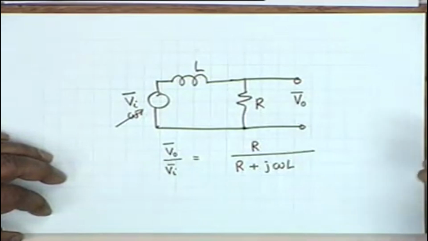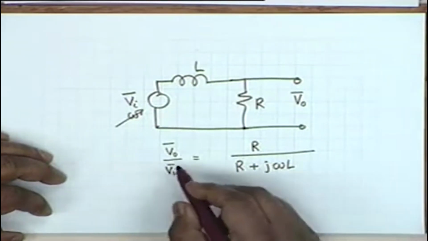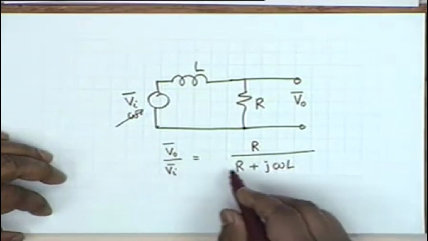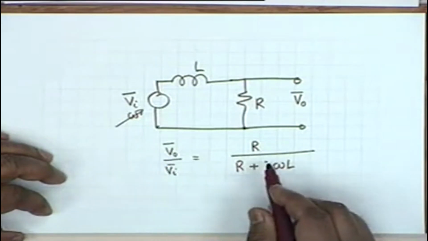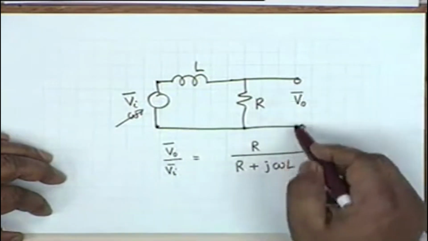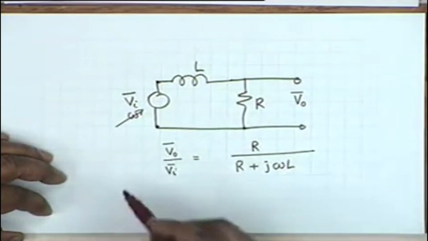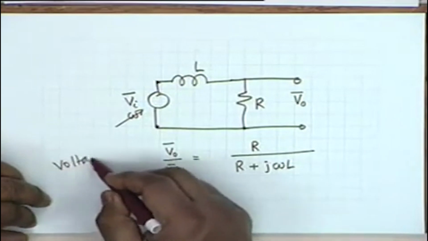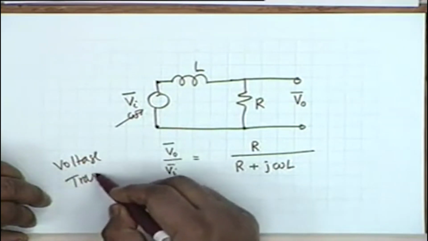It could be current to voltage ratio, or voltage to voltage ratio, or voltage to current ratio, or current to current ratio. So this is the expression for the voltage transfer function. The voltage is being transferred from this terminal to these two terminals.